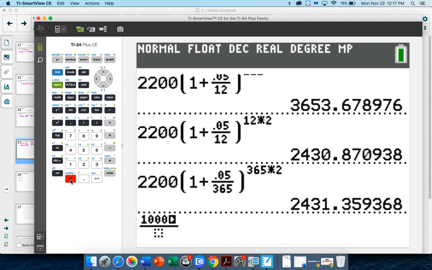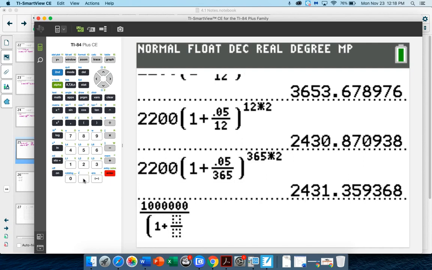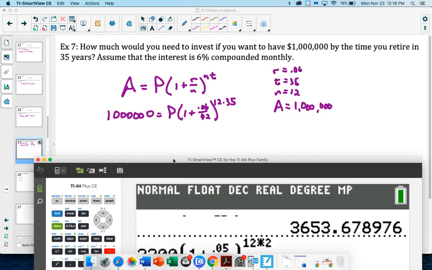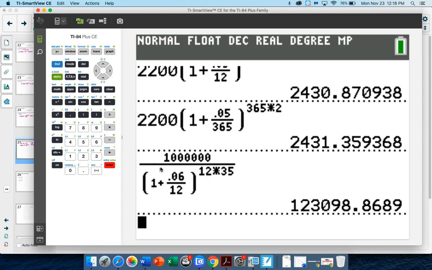So 1 million divided by 1 plus, put in another fraction here, my 0.06 over 12 to the, what did we have? 12 times 35. And I get that my principal amount, the amount that I would need to invest, would be $123,098.87.